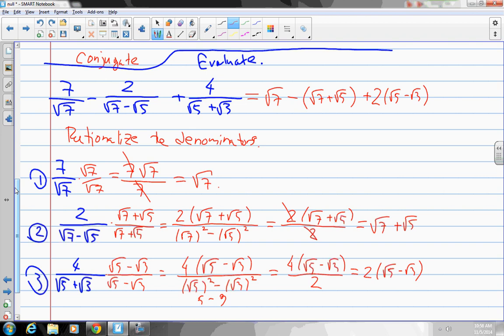Well, that's a lot better, right? If I open up all the parentheses, this is just square root of 7 minus square root of 7 minus square root of 5 plus 2 square root of 5 minus 2 square roots of 3. So what are we left with?